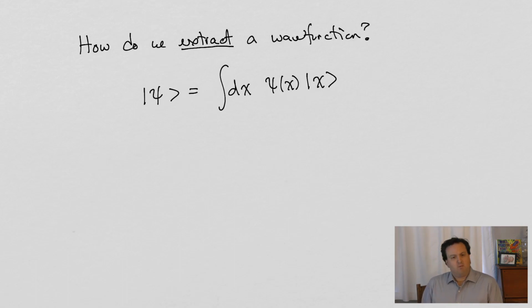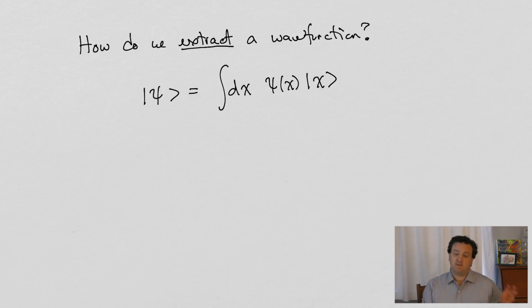So today I want to start there by now thinking about how we could calculate that wave function. Now, I say calculate in kind of a funny way because we're never actually going to do this, right? But it's the procedure for extracting that wave function as part of the state.